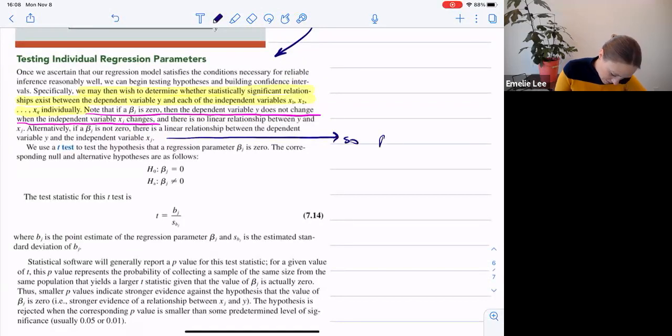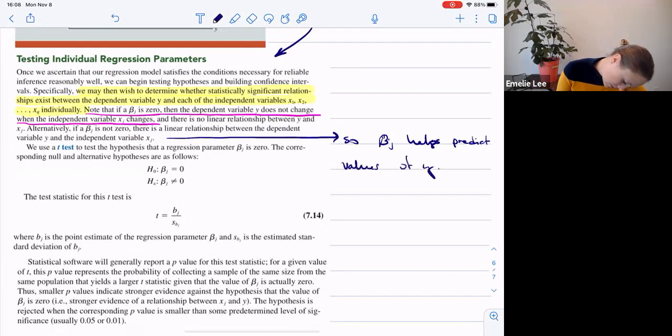So beta j helps predict values of Y. Okay. Our null hypothesis is that beta j equals 0, and our alternative hypothesis is that it's not 0, so it is contributing, and there is some relationship there.